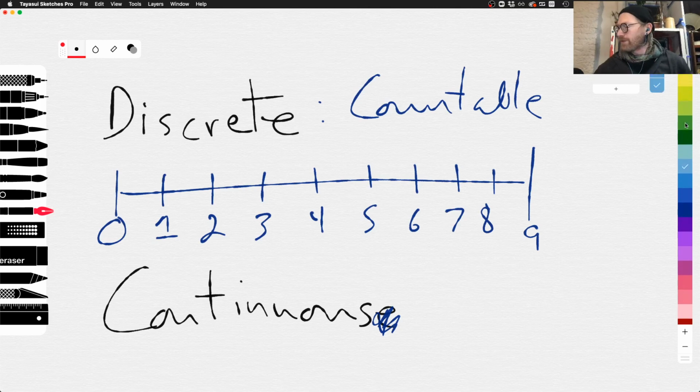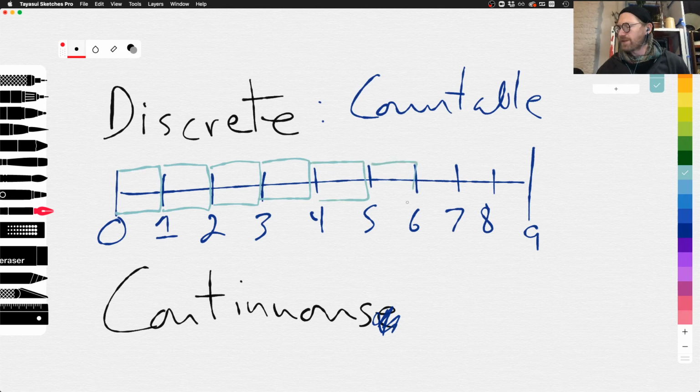So, just visually, if we're considering the values between 0 and 9 to be discrete, then we can say, okay, these are kind of like blocks, right? We don't have anything between 0 and 1, or between 3 and 4, or 4 and 5, and so on.